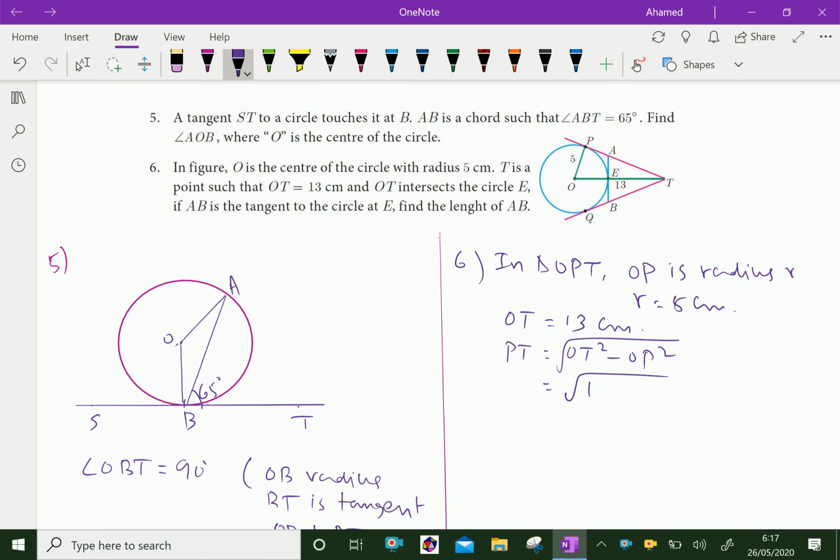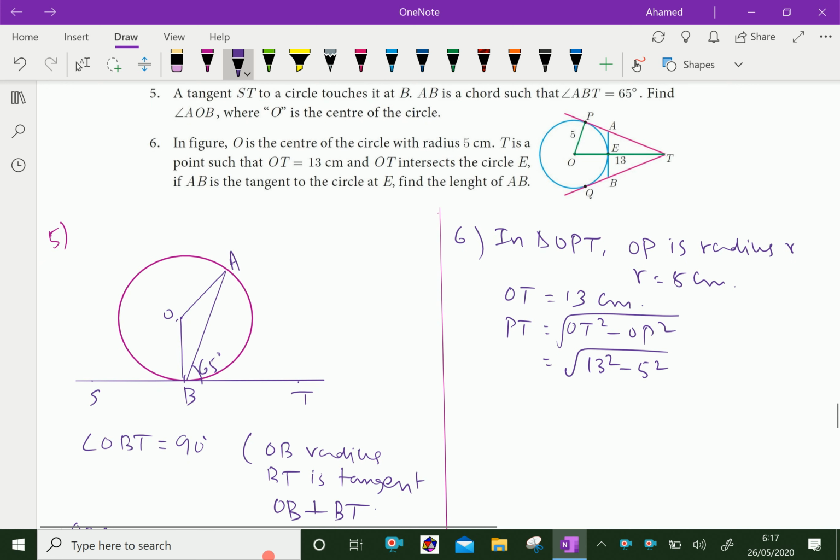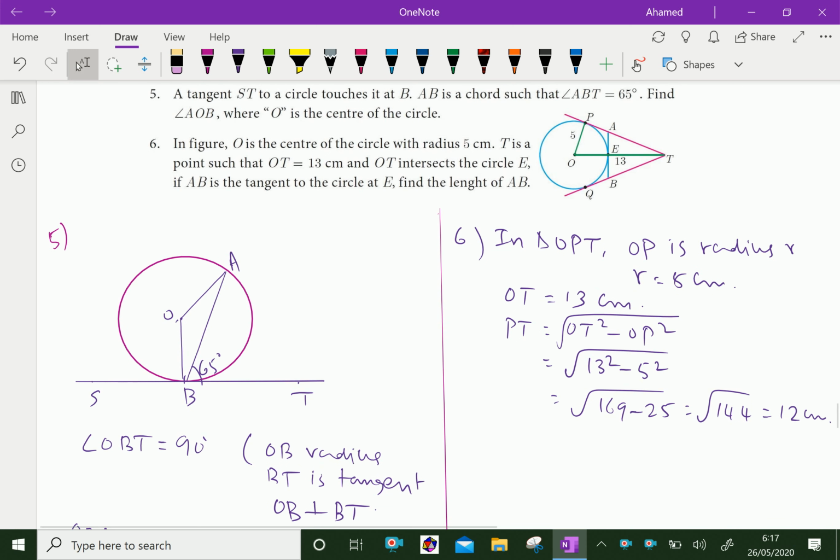Square root of 13 square minus 5 square, which is 169 minus 25, equals 144, which is 12 centimeters. PT is 12 centimeters.